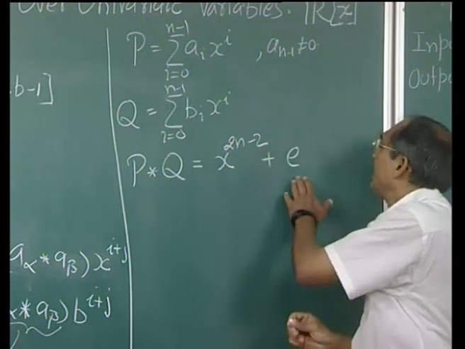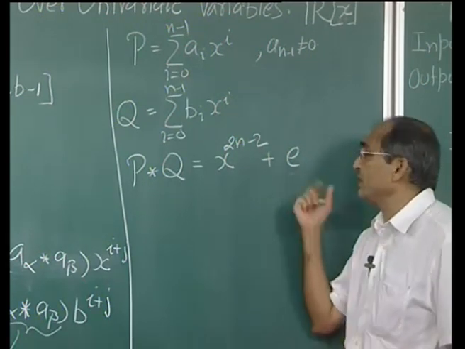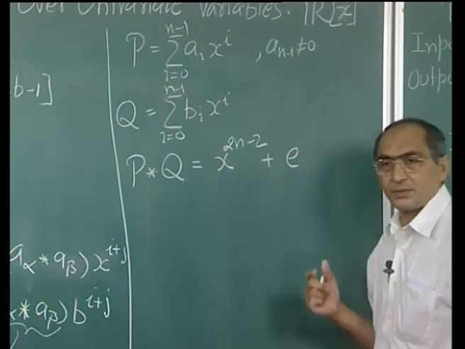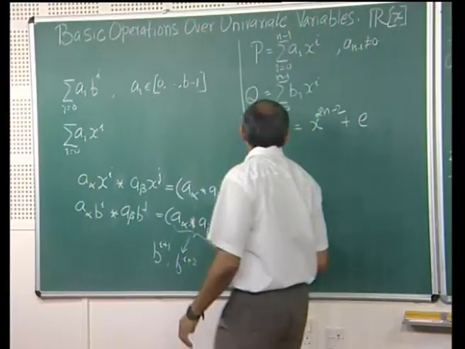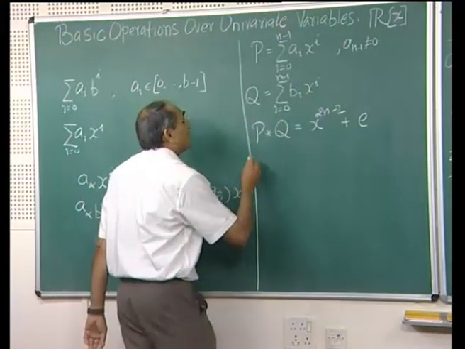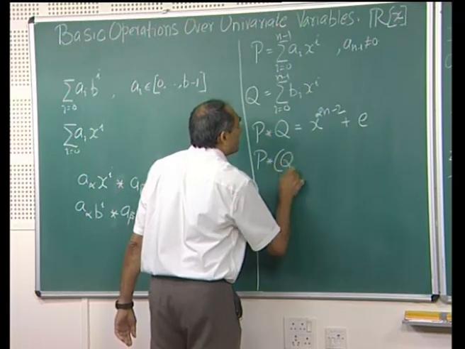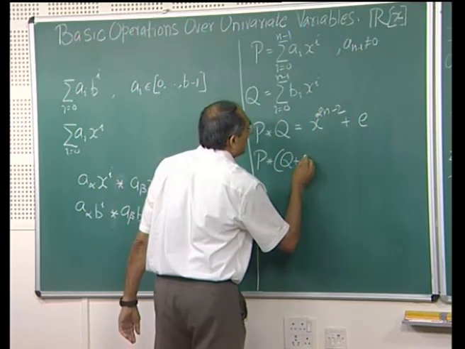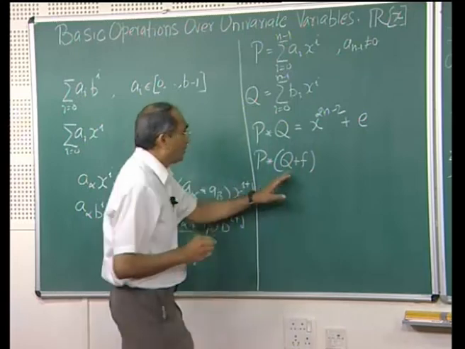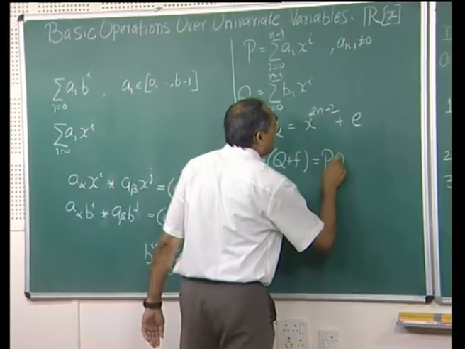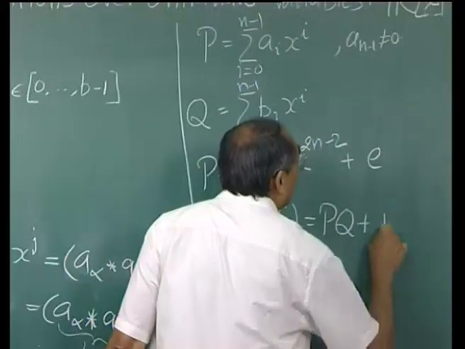Well, let us call it error in the sense that these are some things we cannot get rid of. What is this? Well, suppose we replace q by some other polynomial q plus f, then this will be pq plus p times f.